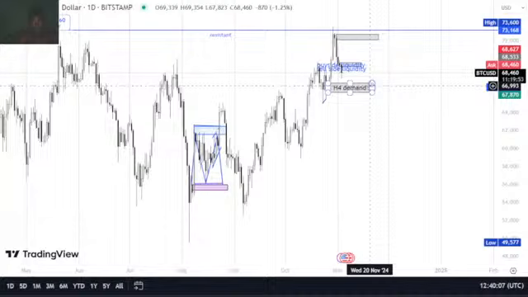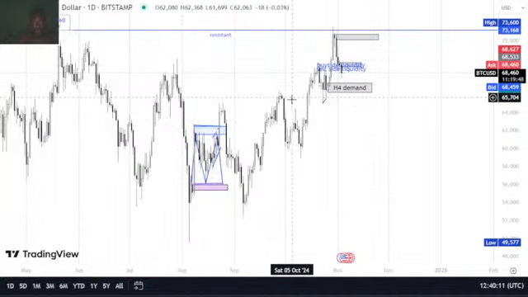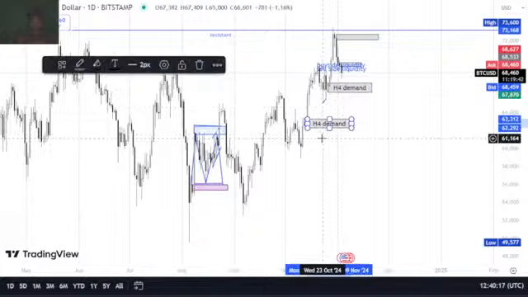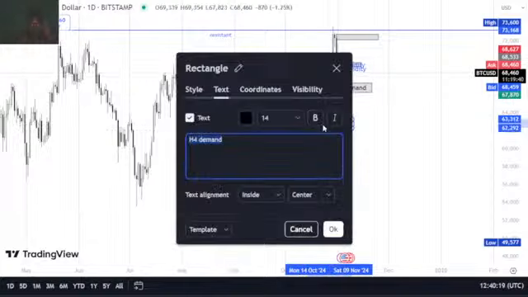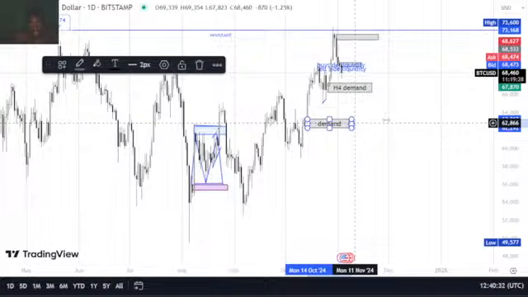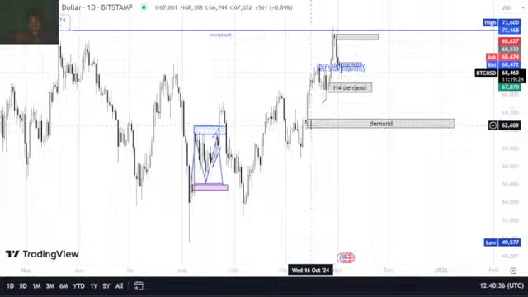So there is also a demand zone. Okay, this is the daily demand. That's the daily demand zone.